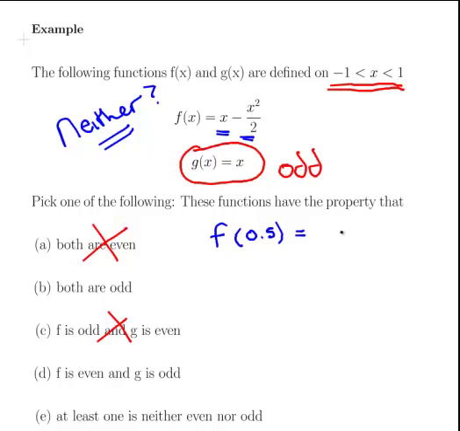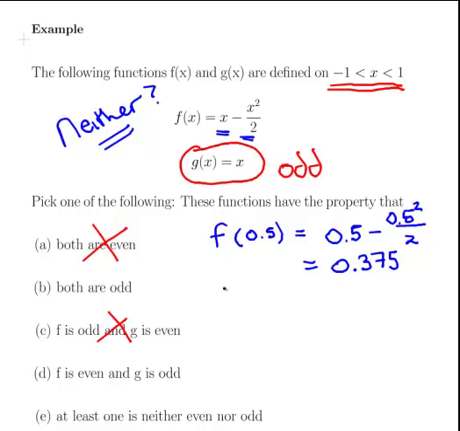So f of 0.5, that's 0.5 minus 0.5 squared over 2. That's equal to, I'll just give the answer there quickly, 0.375.